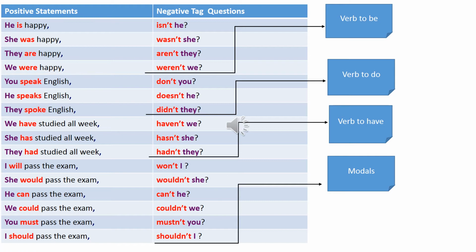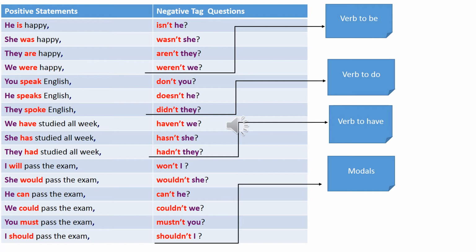They spoke English. Spoke. It is verb 2. So we are in the past simple tense. They spoke English. This statement is in simple past.